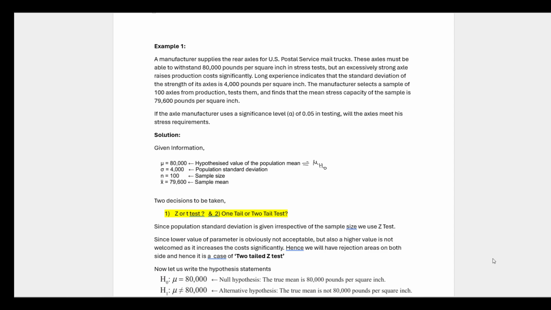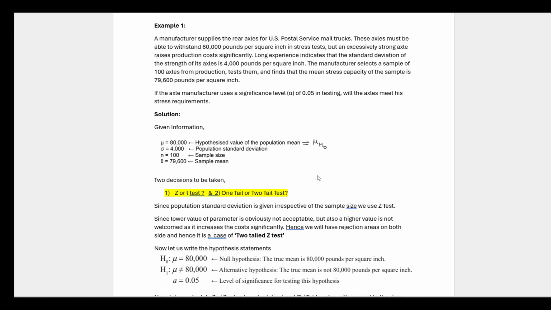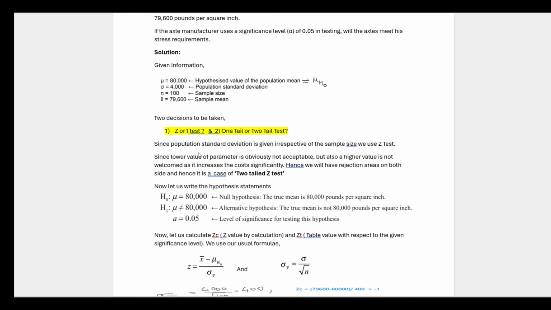So if the axles have to meet the stress requirement, that means they have to withstand 80,000 pounds per square inch. That is the requirement. So the information given to us is mu is equal to 80,000.